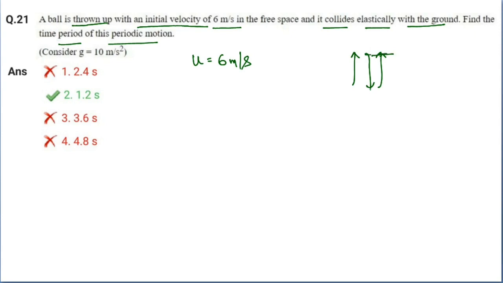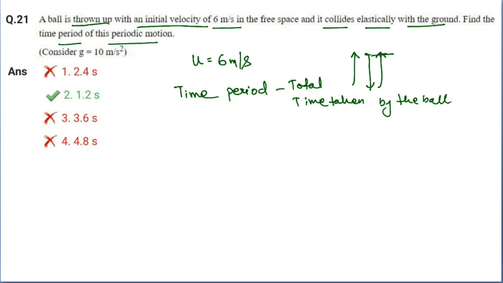Here the time of ascent is equal to the time of descent, and the time period of this periodic motion is the total time taken by the ball to complete one period, meaning coming down and going up.